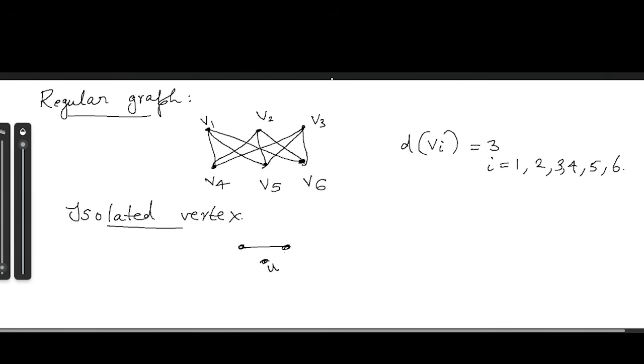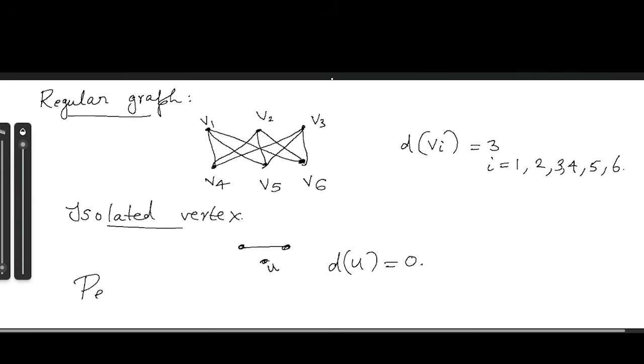There is no edge incident to this vertex u. Such a vertex is called an isolated vertex. And for an isolated vertex, degree is always 0. So degree of u is 0. So u is an isolated vertex.